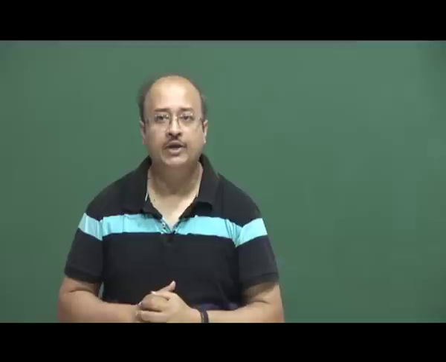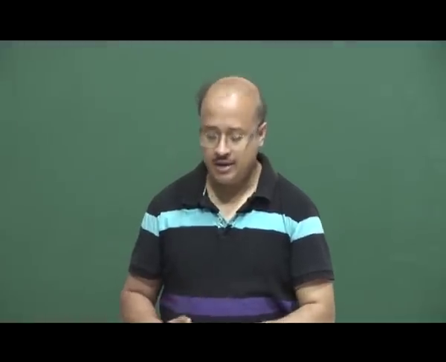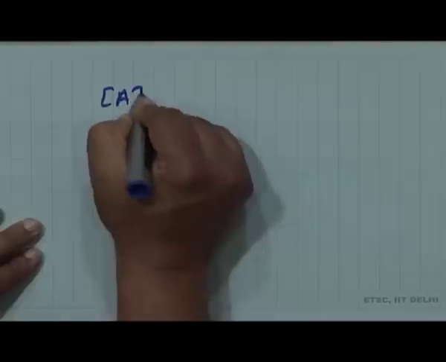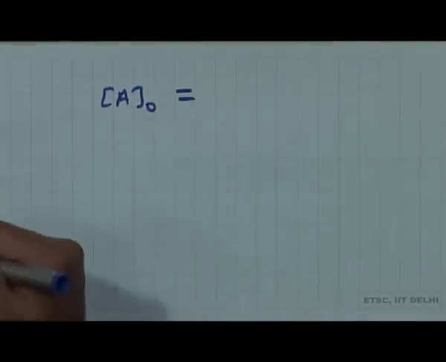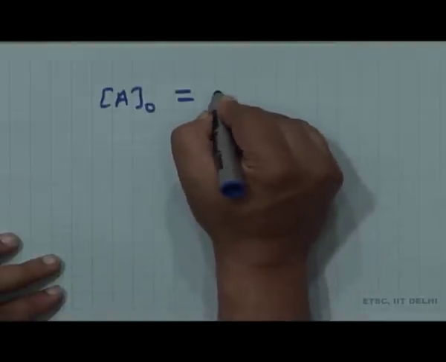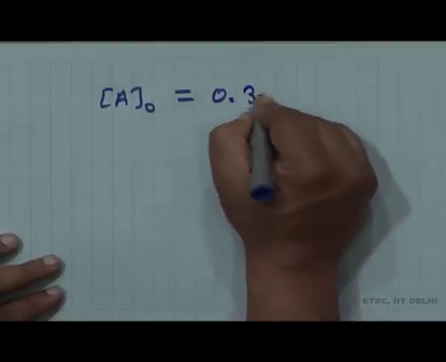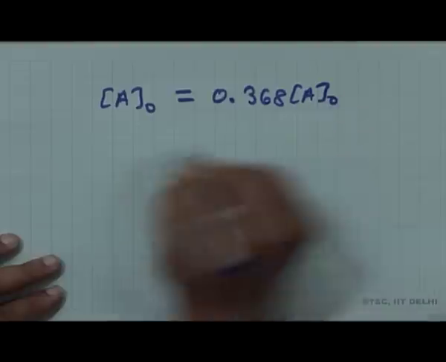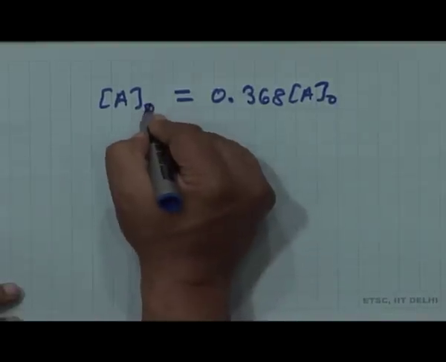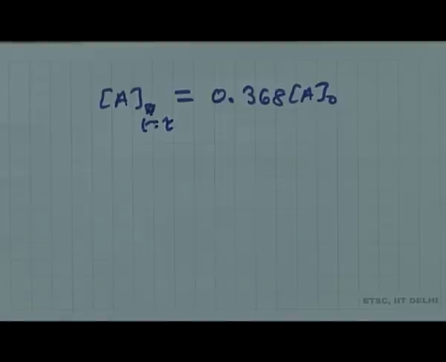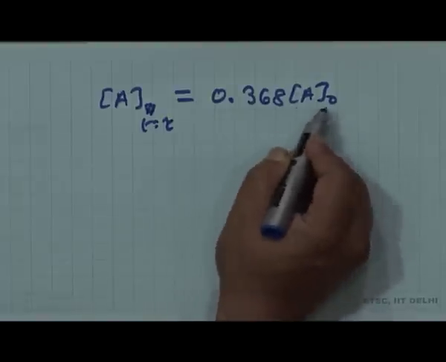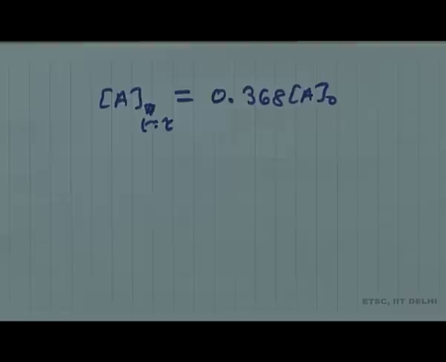And if you remember what the value of e is, then 1 by e is 0.368, so A is equal to 0.368 A0. I would say this is at time t equal to tau.